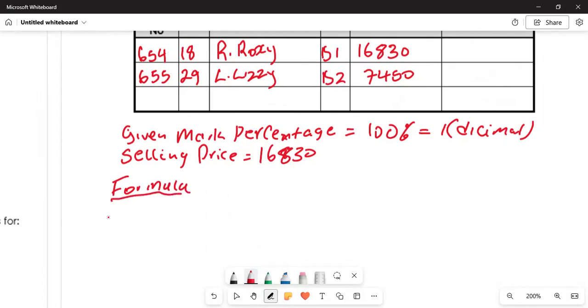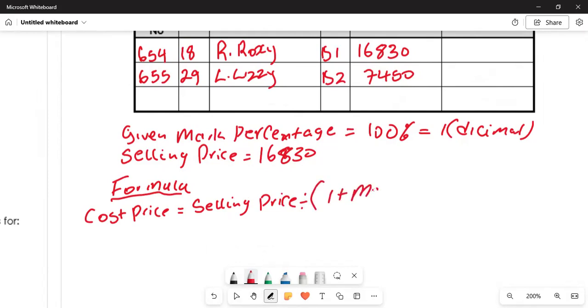Our formula will be: cost price is equal to selling price divided by 1 plus markup.